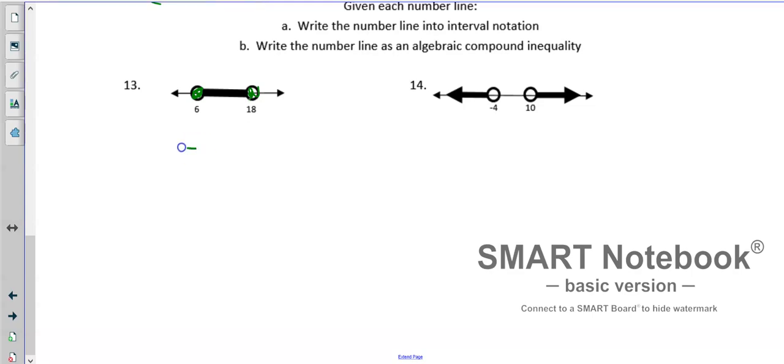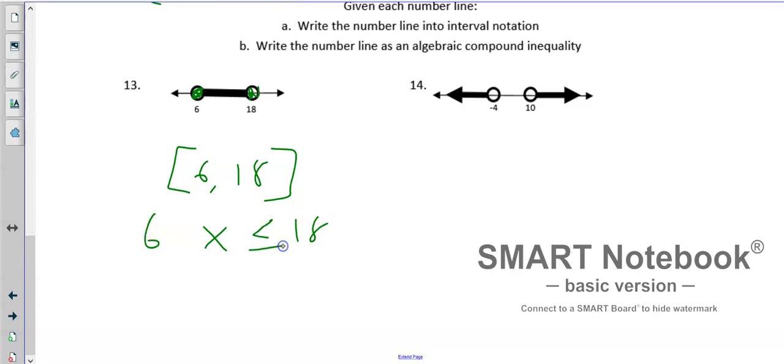So that basically just means it's between 6 and 18, like so. If it's between, literally, 6 and 18, well, x is less than or equal to 18, and x is greater than or equal to 6. Remember, we always read from the x. So it's greater than or equal to 6, it's less than or equal to 18, and we graph the overlap.